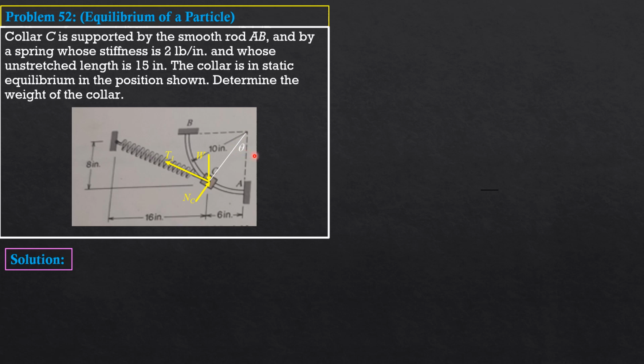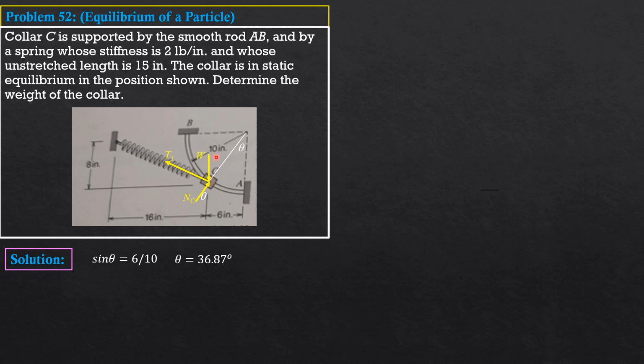If I call this theta, this angle is also theta. From the figure, sine theta is opposite 6 inches over hypotenuse 10 inches, so theta equals 36.87 degrees.